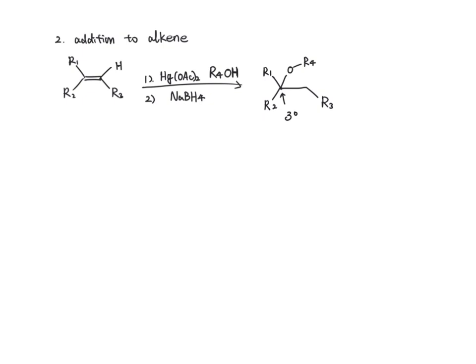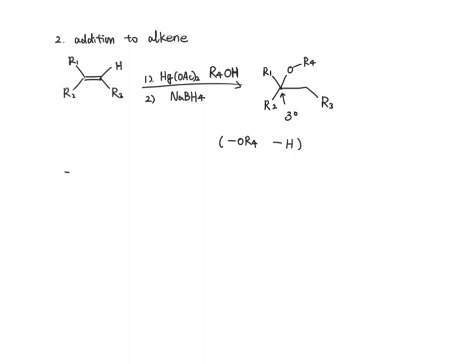So what happened here is we basically added the OR4, the alkoxy group, and hydrogen is added at the less substituted carbon. That's called Markovnikov addition. We are not going to talk about it here.